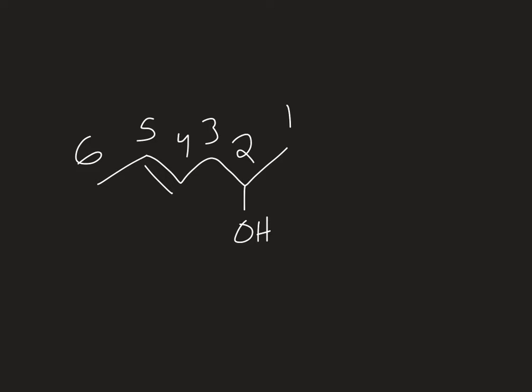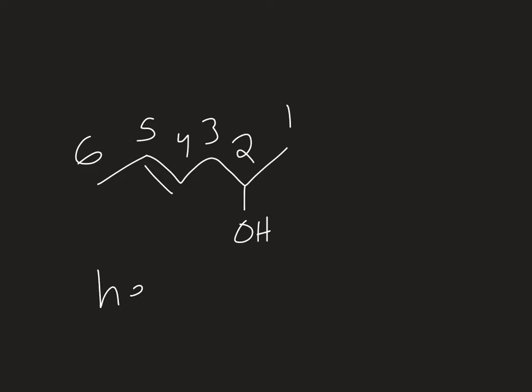In another example here, I'm going to have an alcohol, and I'm going to add a double bond here. Now a double bond modifies the parent name at the end of the chain, similar to what an alcohol does. And so if I number again to give my alcohol the lowest priority, this chain is going to be a hexenol. I think the easiest way to do this is to put the locant directly before each modifier so that it's easy to see what is being modified.